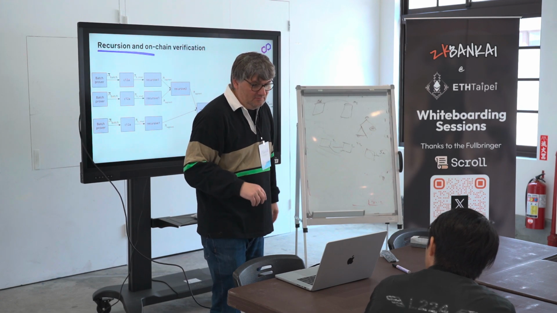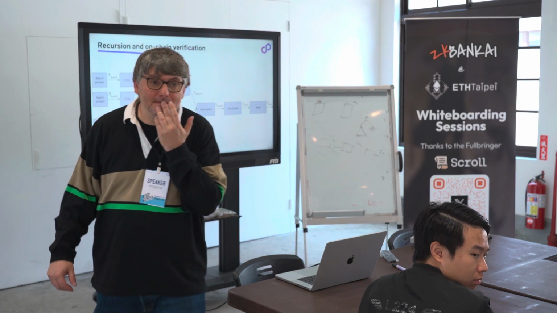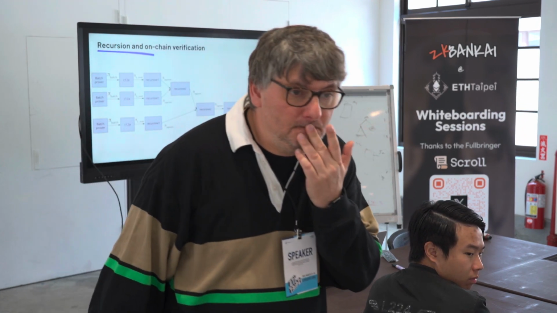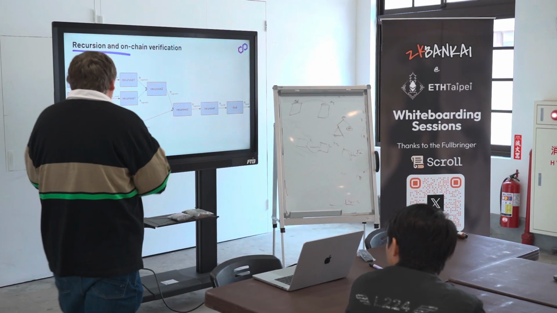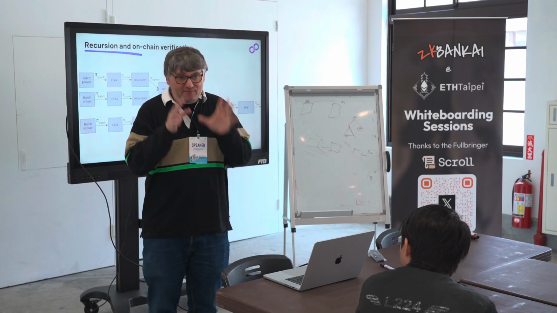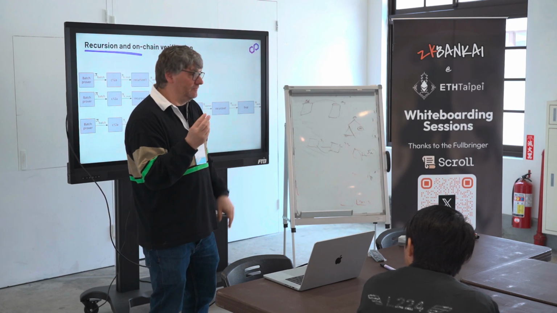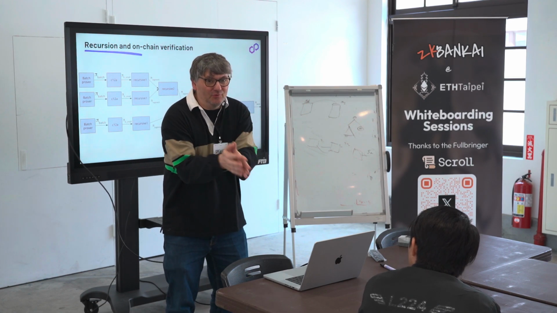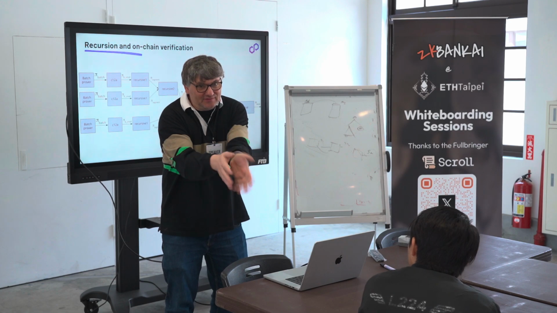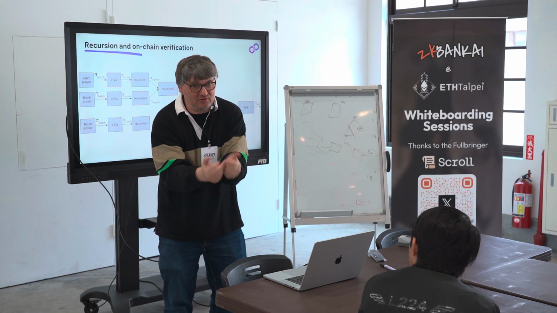What happens in a flow if a batch fails? No, batches are designed to never fail. This is important because, for example, when we have forced transactions, a user can put any transaction that they want there, and maybe they put a loop of Keccaks there.